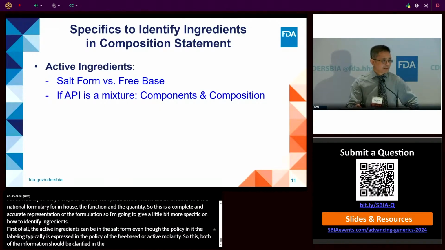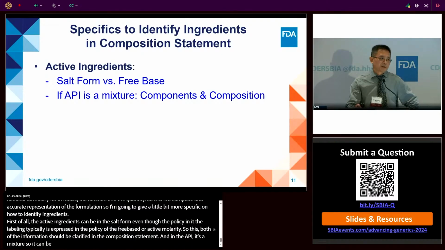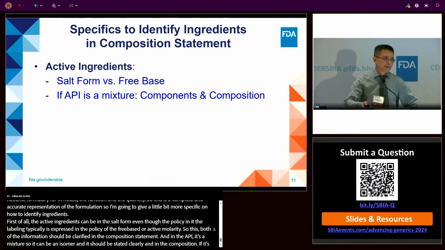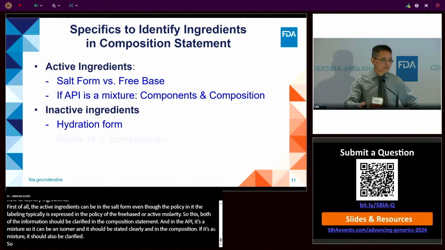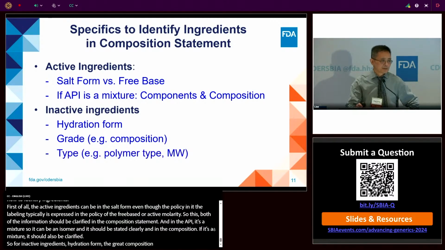And if the API is a mixture, so it can be a chemical isomer or stereo isomer, then it should be stated clearly in the composition. If it's a racemic mixture, it also should be clarified.